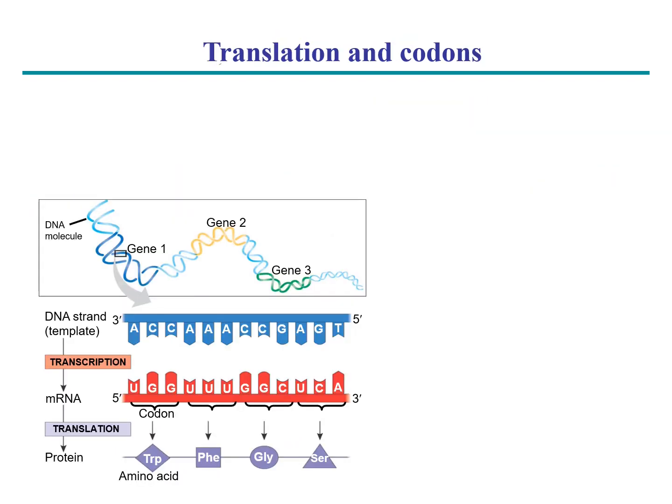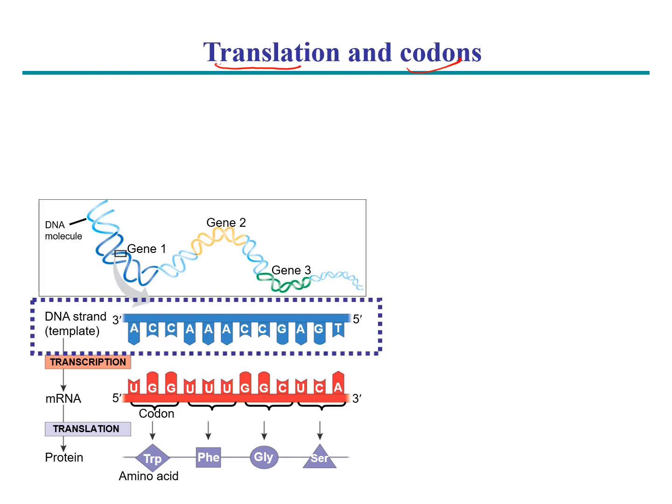Now we will talk about the relationship between translation and codons. And to start talking about that, we have to start talking about the template strand. If you remember, the DNA has 2 strands, and to copy the DNA, for replication or for the synthesis of RNA, you have to open the strands, and one of those 2 strands will be the template strand.